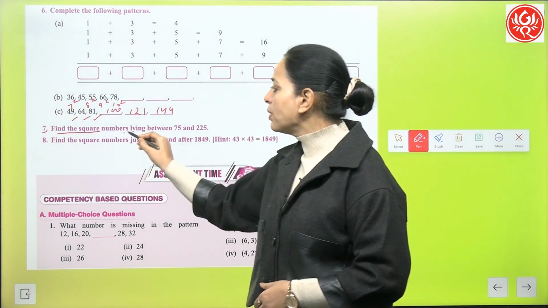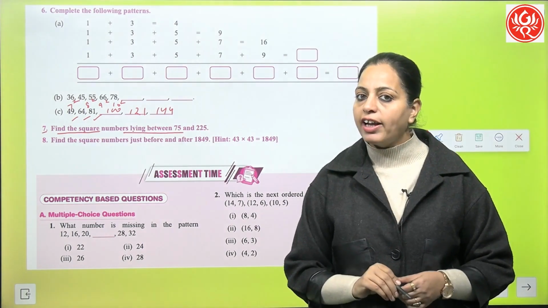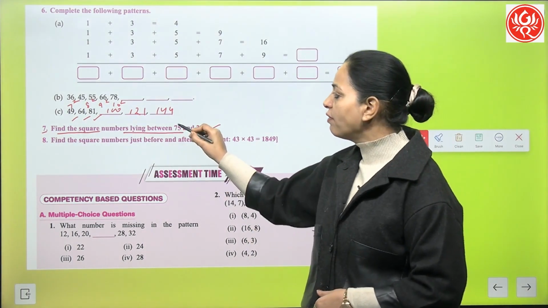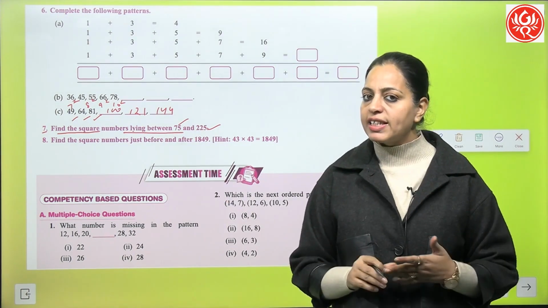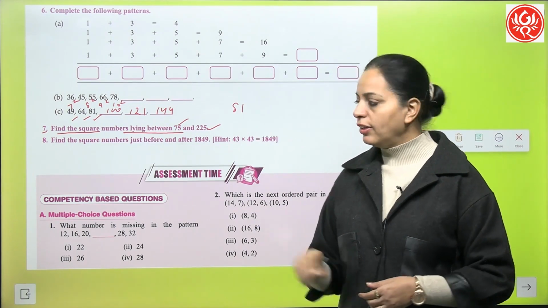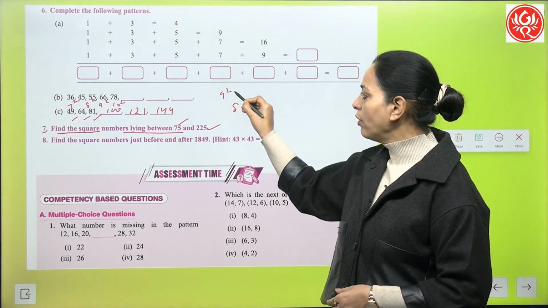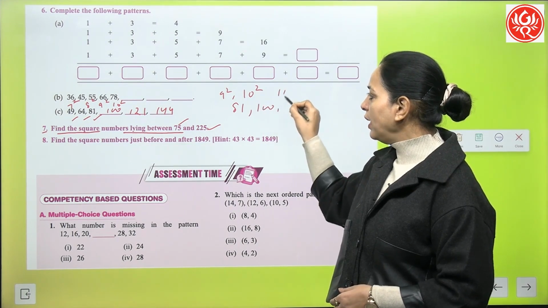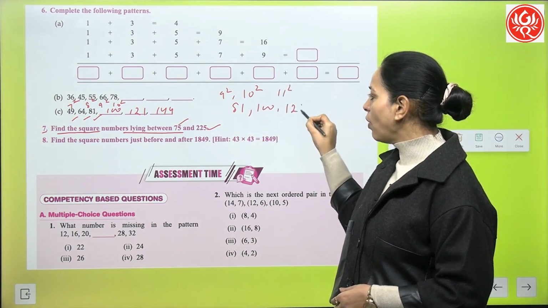Find the square numbers lying between 75 and 225. See, after 75, which one is the square number? That is 81, means 9 square. Then we will take 10 square, 100. Then 11 square, 121.